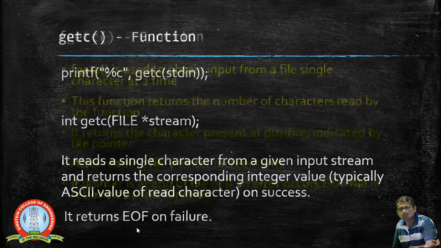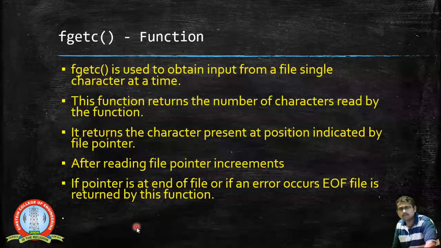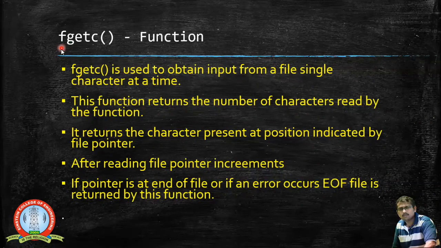Similar to the getc function, we have one more function, that is fgetc. Both getc and fgetc are similar. The only difference we can find is that some macros cannot be implemented using fgetc, whereas you can implement some macros in the case of getc.